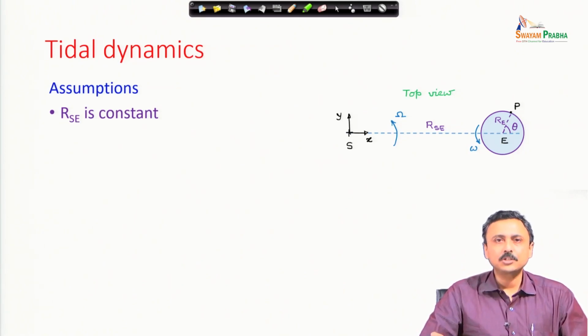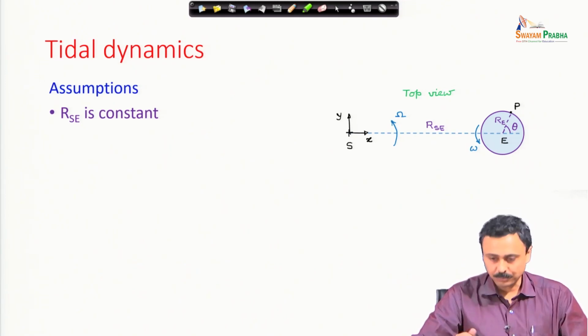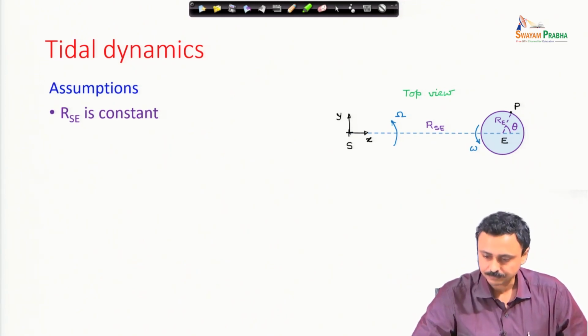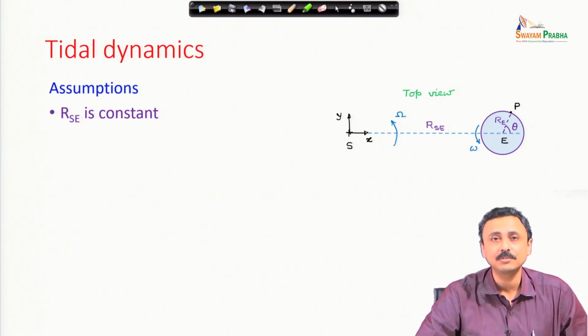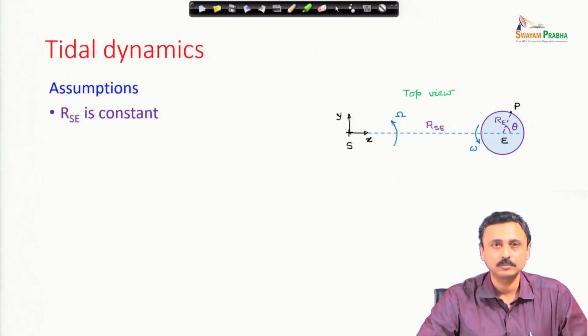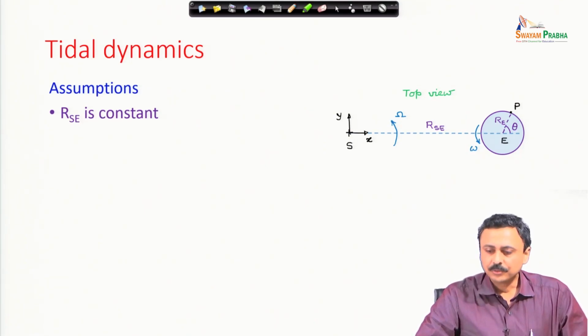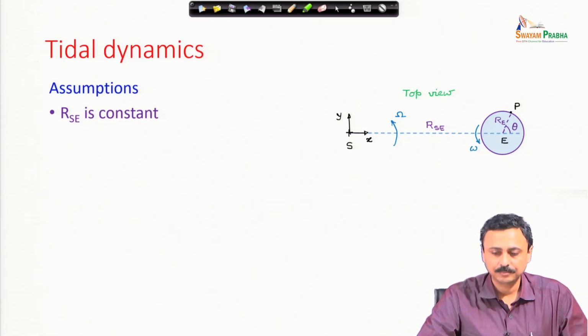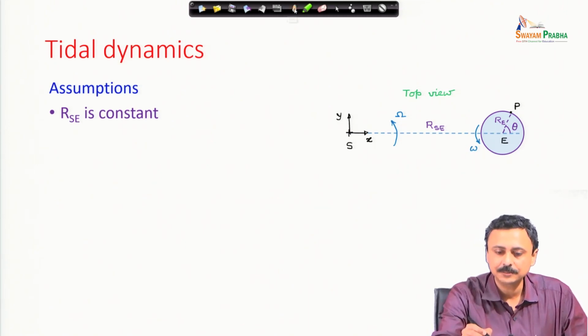In other words, the earth is moving on a circular path around the sun, which is not a very bad approximation, because the eccentricity of the earth's orbit is very close to 0. Therefore, this distance is essentially fixed.